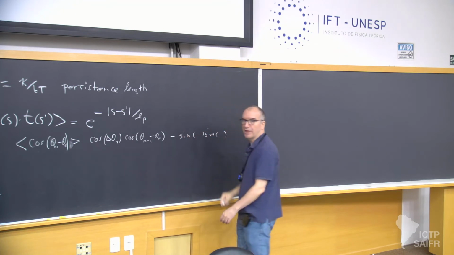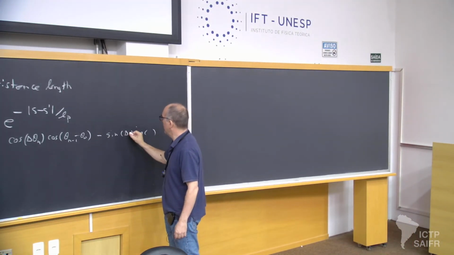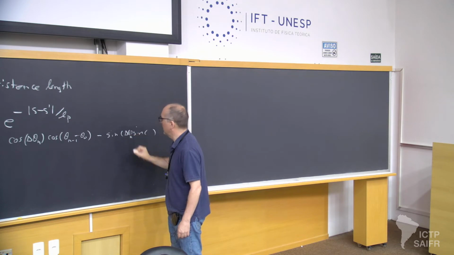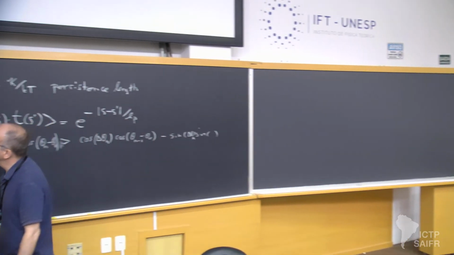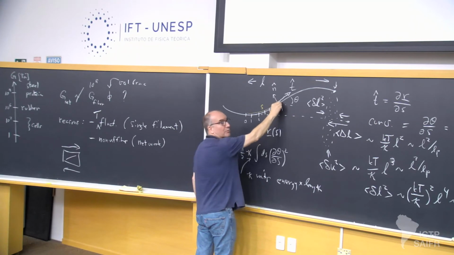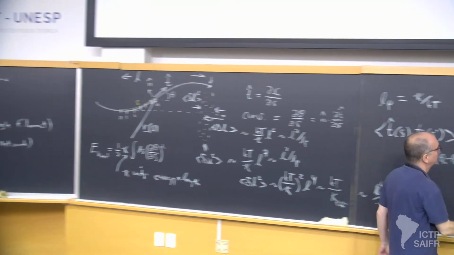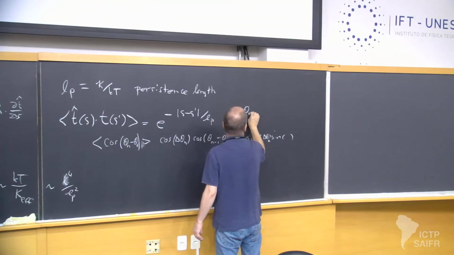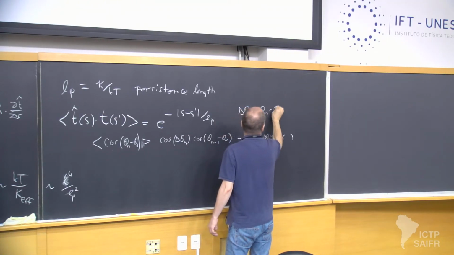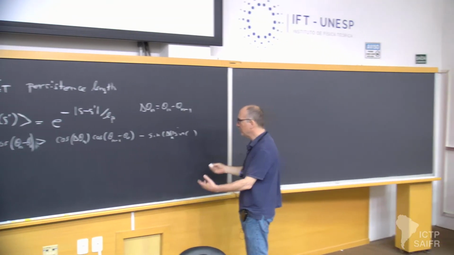Just a trigonometric identity. Now, one of these sines is going to be the sine of delta theta n. What do I mean by delta theta n? It's the angle difference between these last 2 points. Okay? Now do thermal averages.